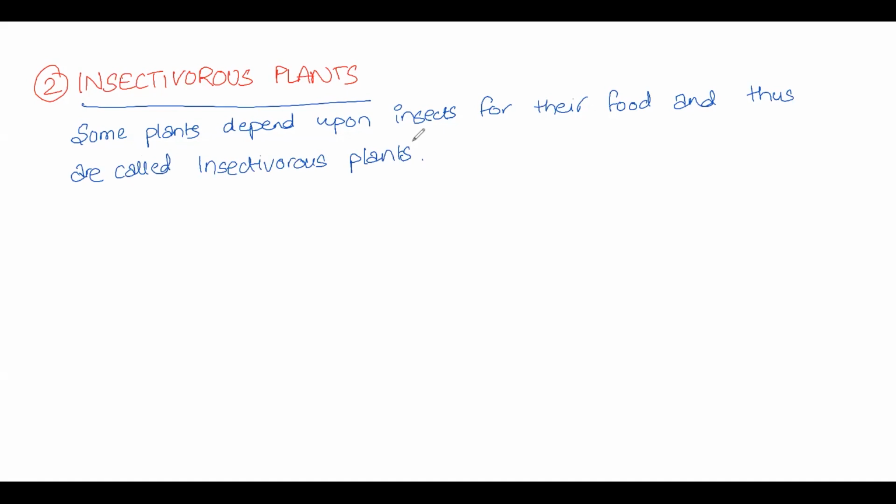So what happens is the leaves of these plants are modified into a pitcher-like structure. You all know what a pitcher is. A pitcher is basically like a vase-like container.